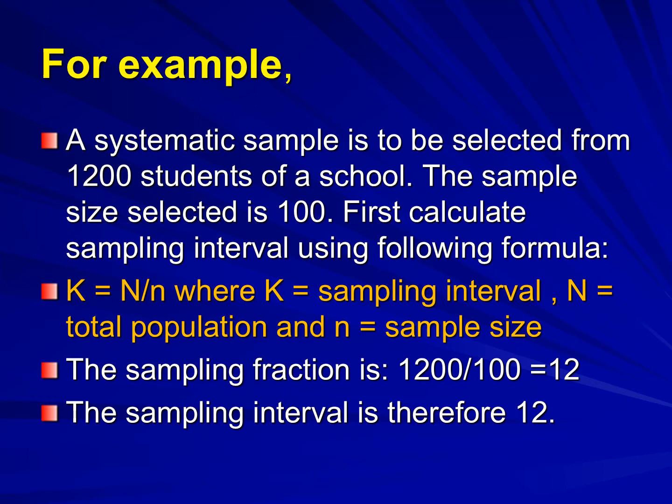Now the next step, we have to calculate a sampling interval. Sampling interval is equal to the total number in the population, here 1200 students, divided by the calculated sample size, here 100. So 1200 divided by 100, the sampling interval is equal to 12.